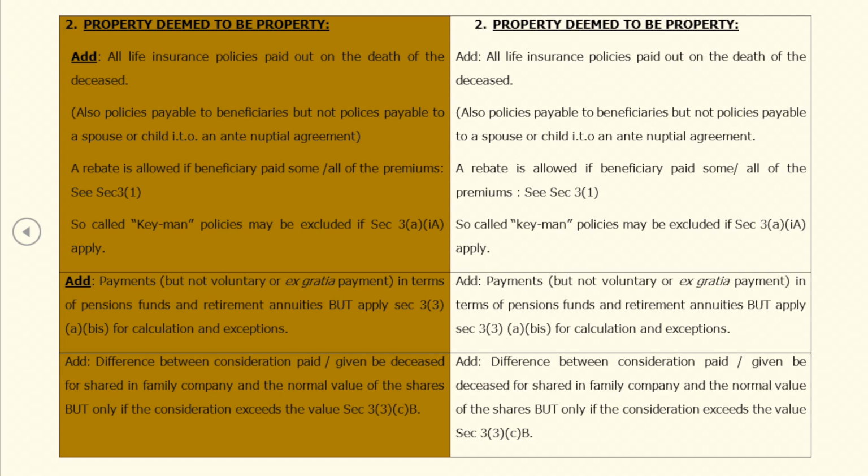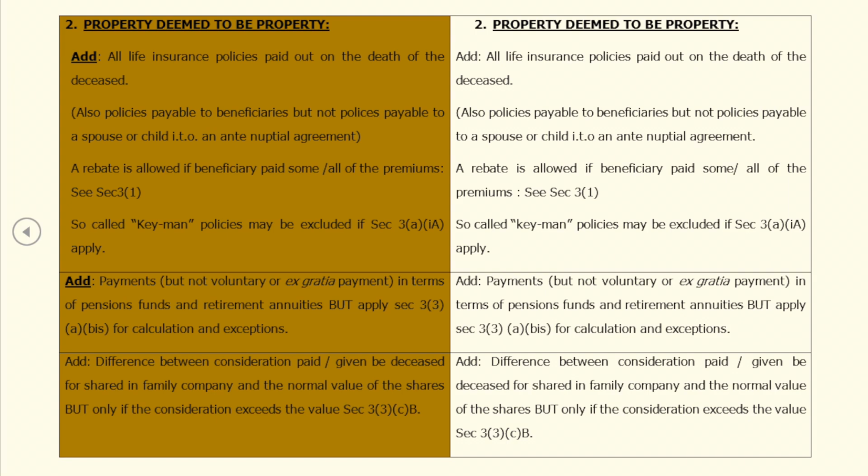Under property deemed to be property of the deceased, what you do is you add all life insurance policies that paid out on the death of the deceased, even policies that are payable to beneficiaries. But here you don't add policies that are payable to a spouse or a child in terms of an antenuptial contract.